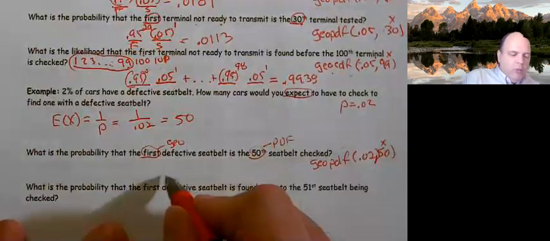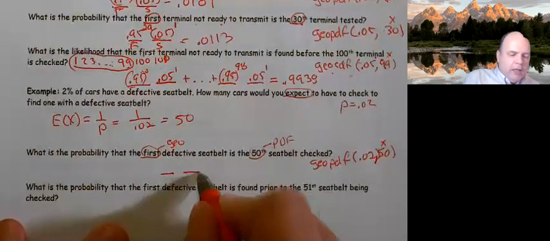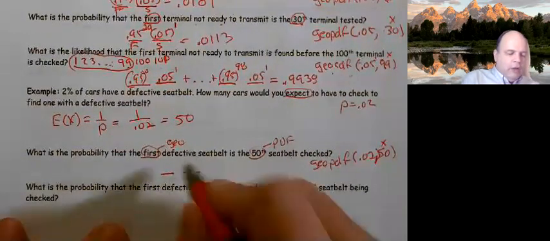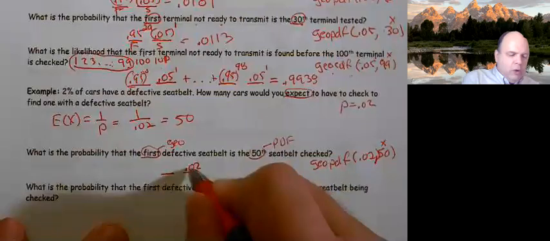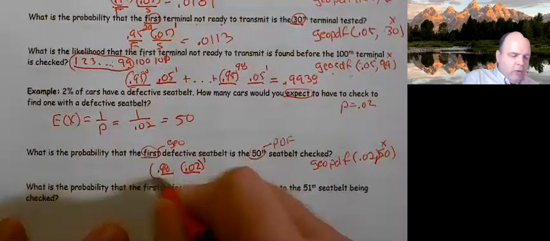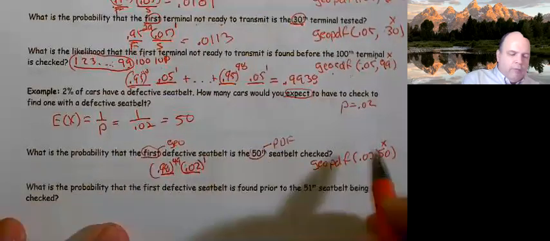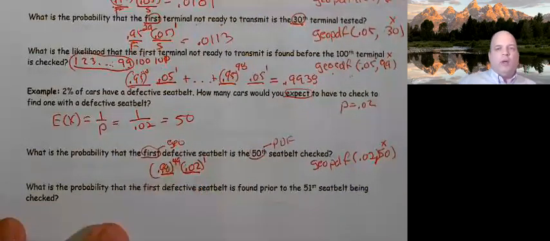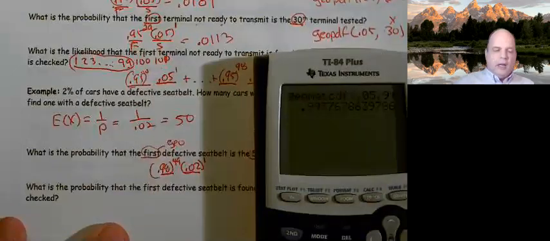Work shown, because it's a PDF, I only need the two blanks. All right, this one is 0.02 raised to the first power. This is 0.98 raised to the 49, because 50 minus 1 is 49. I'll plug this into the calculator.